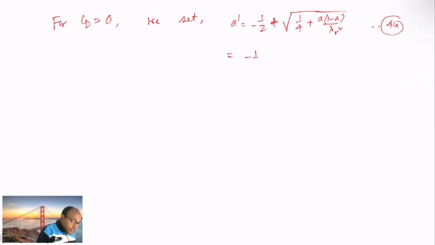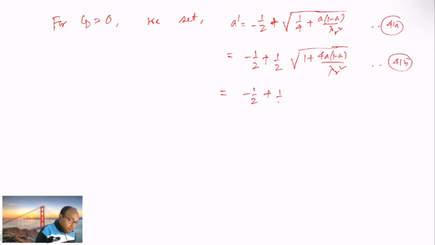So we can write minus half plus half root of 1 plus 4A (1 minus A) by lambda r square, 41B, which is minus half plus 1 by 4A into (1 minus A) by lambda r square.